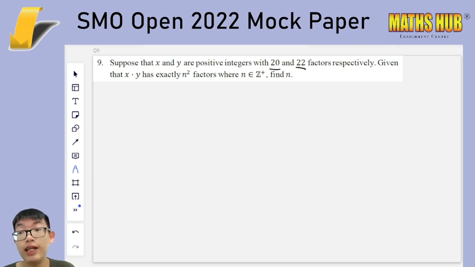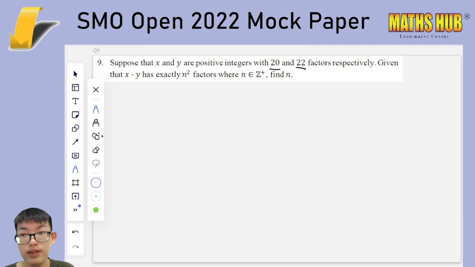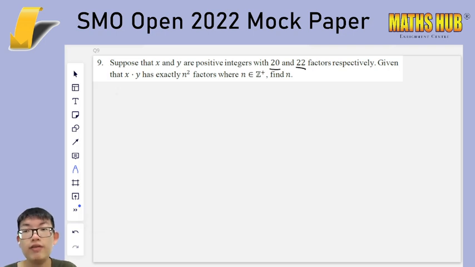With 20 and 22 factors? Well, you have a couple of choices. It could be a 19th power, although that seems really unlikely. 20 is 2 times 10, so it could be something times another thing to the 9th power.